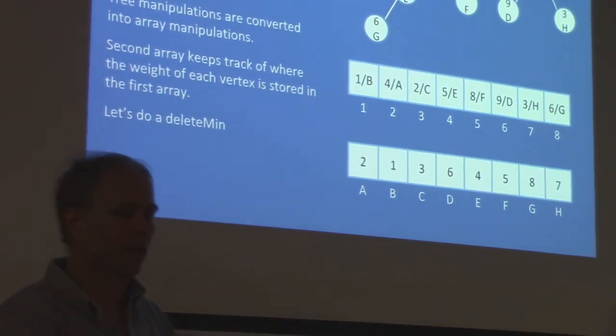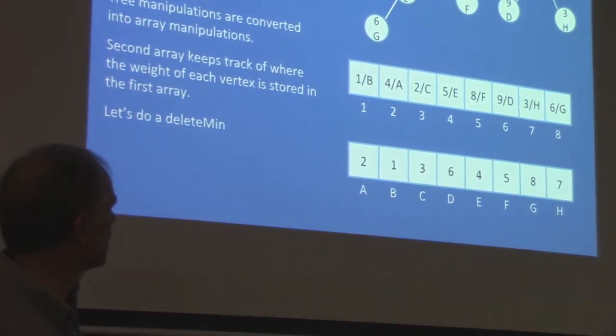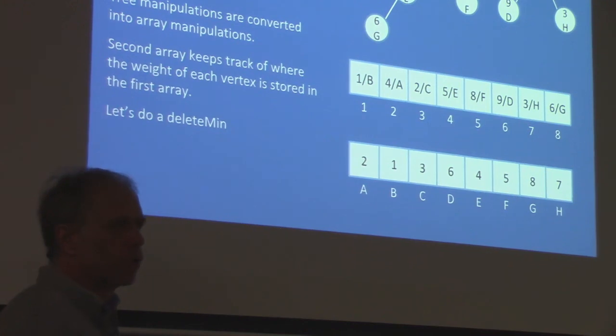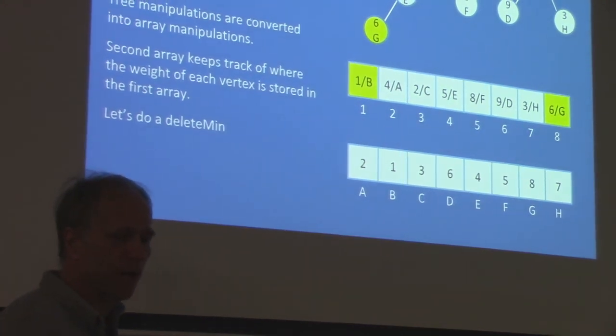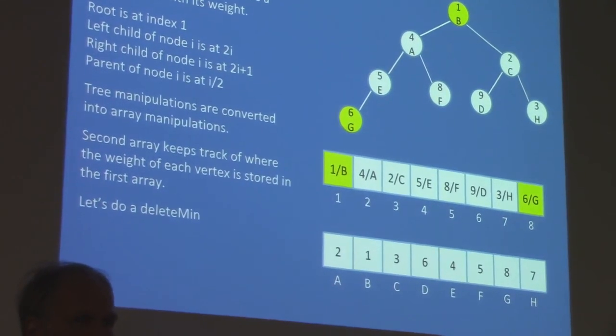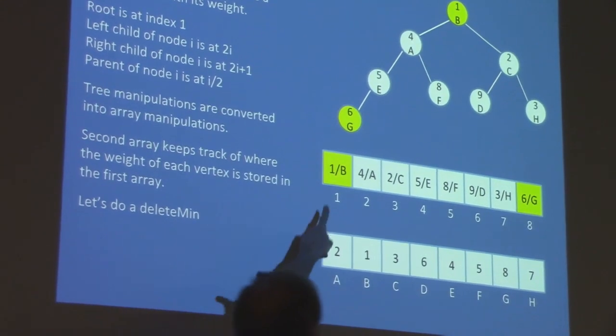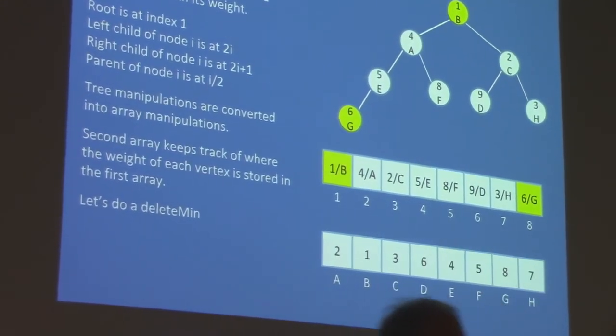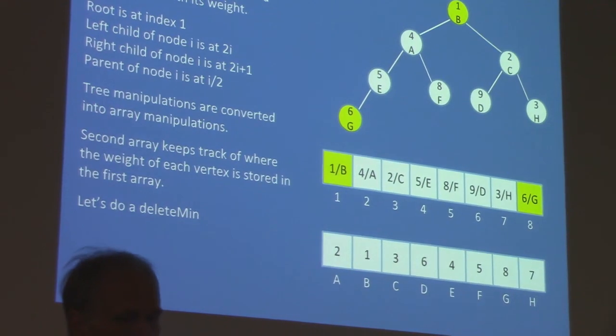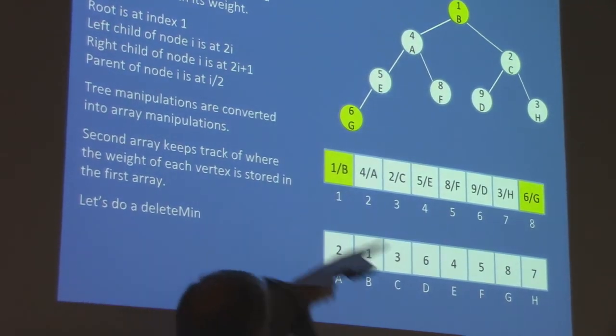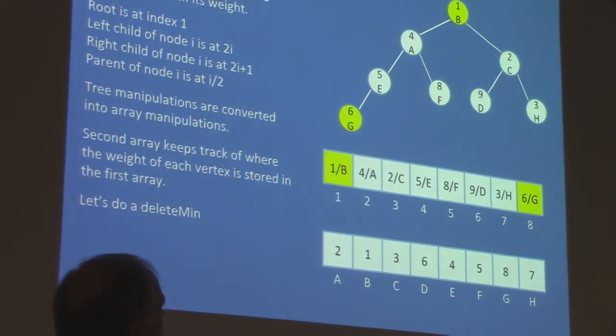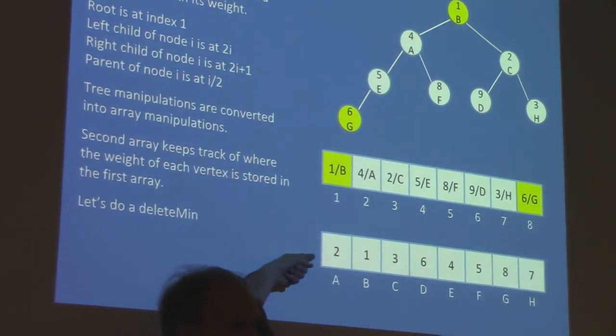So let's do a delete min, and I'll highlight in both the tree and in the data structure right here. The first thing in delete min is you've got to identify the first and last elements. And that's easy to do in an array. You can see what the first and last are. Then we get rid of this one and we stick the 6G in its place. But when I do that, we have to update down here.